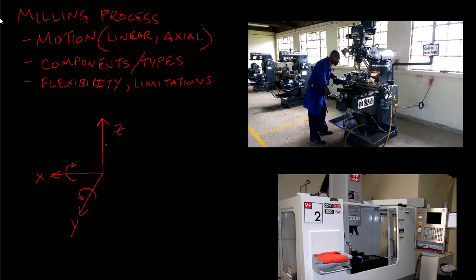So I'm drawing these arrows using the right-hand rule. Just a refresher on the right-hand rule: this would be the plus direction, and all of these are the plus directions and plus axes. So for rotation, the right-hand rule is you have a thumb, and then you have your fingers.